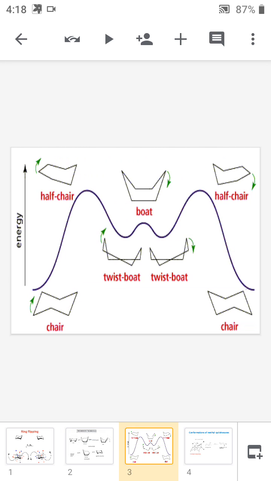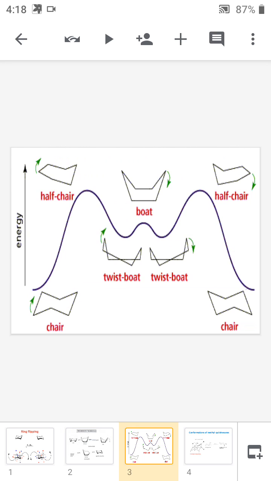So this is the mechanism of ring flipping, and see here the energy positions of the conformations of the cyclohexane. The most stable conformation of the cyclohexane is the chair form, which lies on the x-axis, actually touching the x-axis. The least stable conformation of the cyclohexane is the half chair.